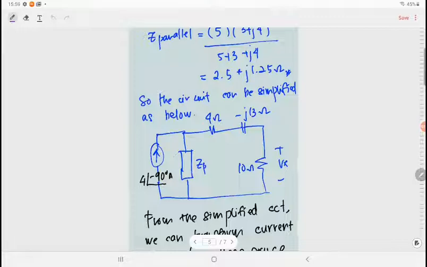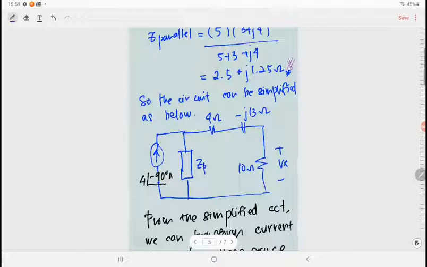So therefore it is equal to 2.5 plus j1.25 ohm, right? So this is the Z parallel value. When we combine these parallel impedances, we can simplify the circuit again. So the simplified circuit is shown as below.